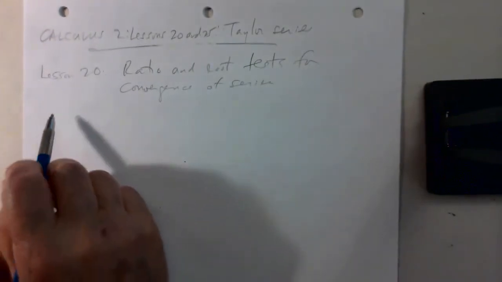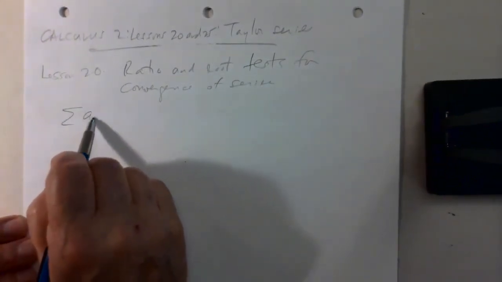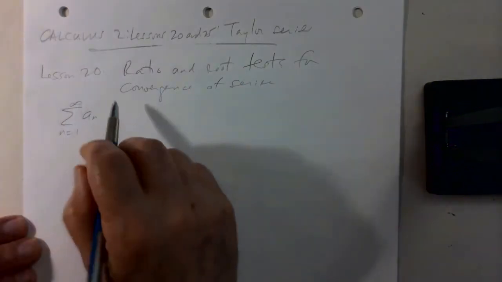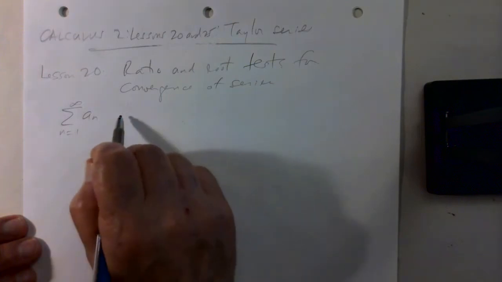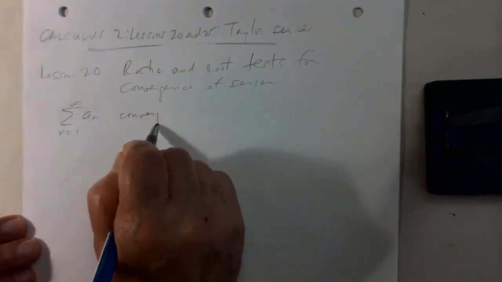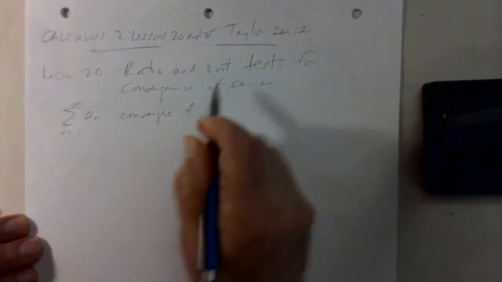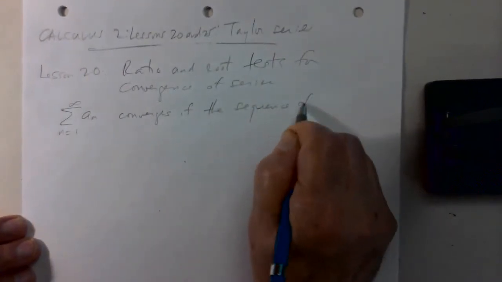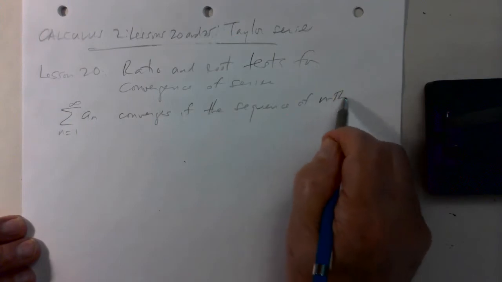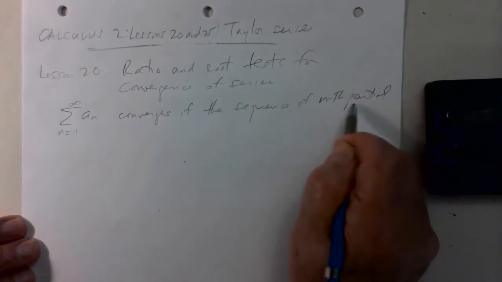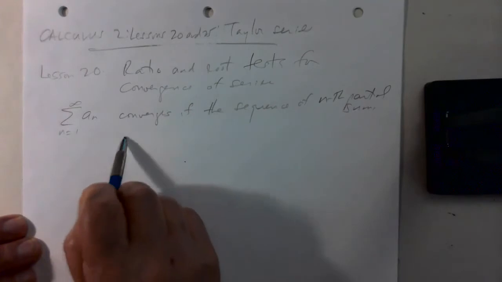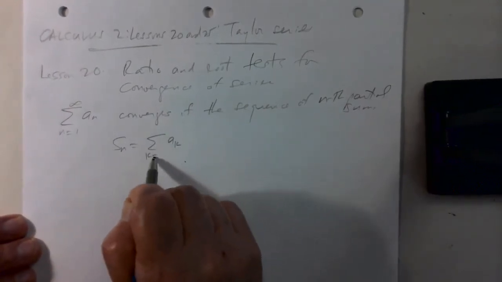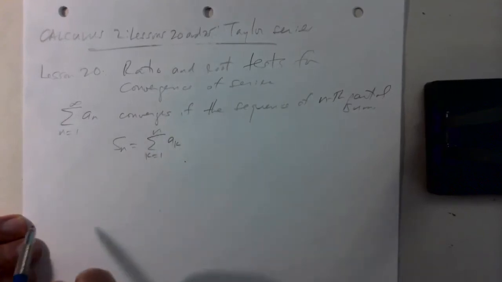So we're interested in infinite series, summation a sub n, say from 1 to infinity. What does it mean for a series to converge? It converges if the sequence of nth partial sums, where the nth partial sum is the sum of the first n terms of the sequence, converges.